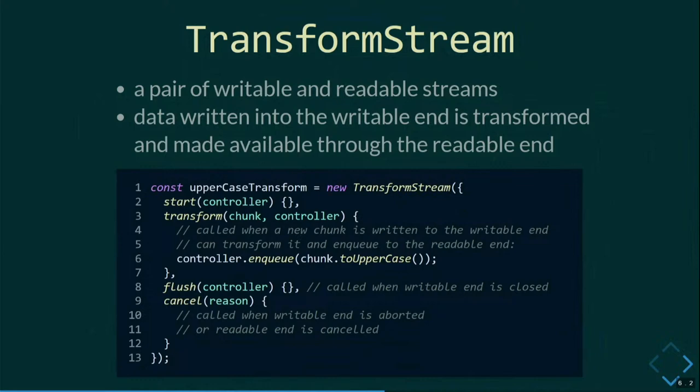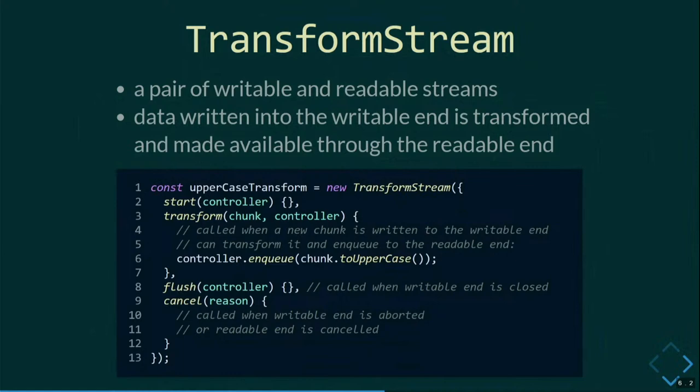You get your start method, but this time you get a transform method that is being invoked instead of the write method from a writable stream. You can transform the chunk being written to the writable end and then enqueue it back onto the readable end with controller.enqueue. So this is where your transformation happens. You get a chunk in, you can do something with it, and then enqueue it back to the readable end.